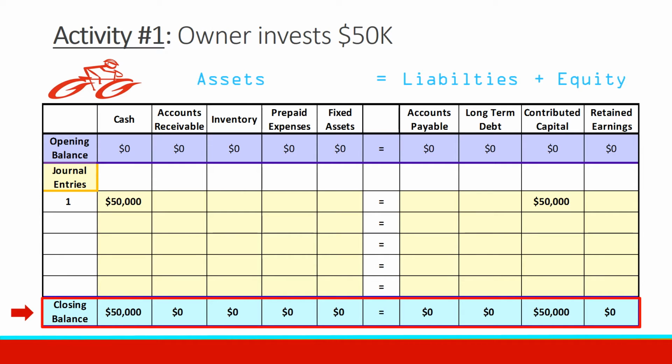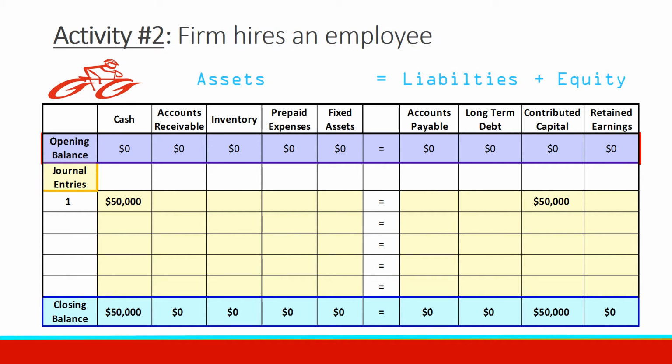If we were to draw up the balance sheet right now after journal entry number 1, we would be using the amounts highlighted right now in the red box, which would include the $50,000 in cash and the $50,000 in contributed capital.